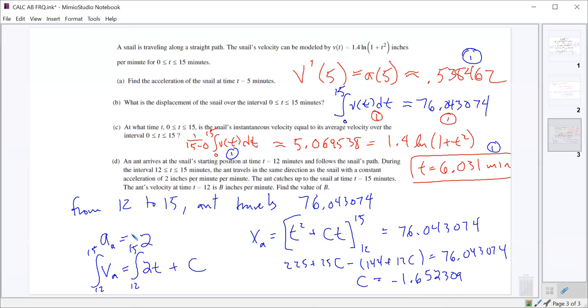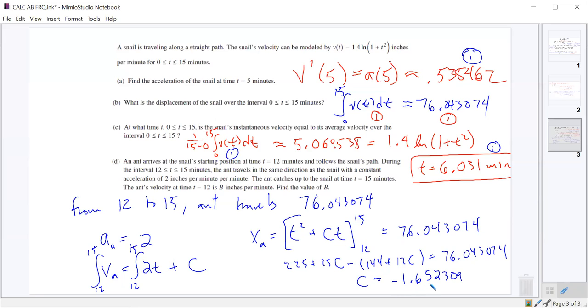What we've done, we've integrated acceleration to get the velocity function. Then we've integrated the velocity on the time interval we know, 12 to 15. We know how far it went. So if we integrate the velocity from 12 to 15, we should be able to get this 76 value, and we should be able to solve for c.